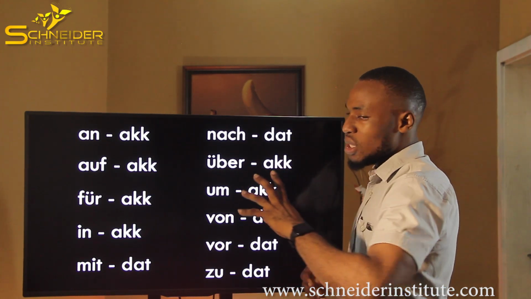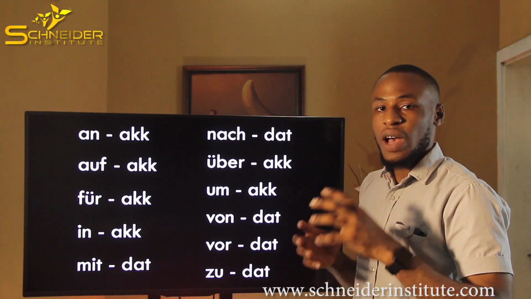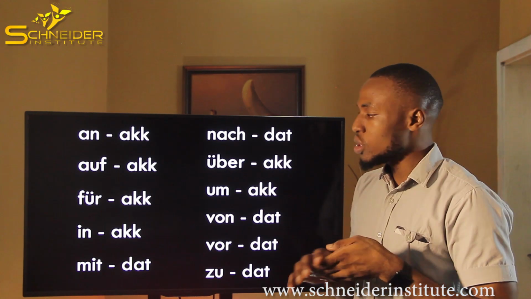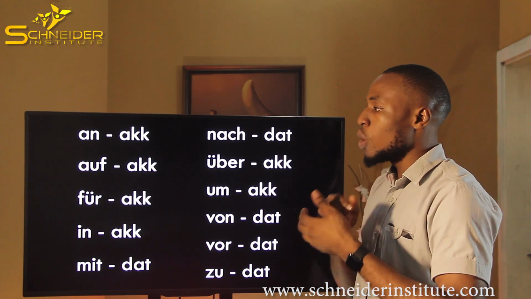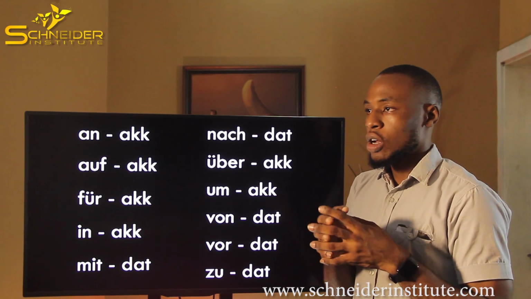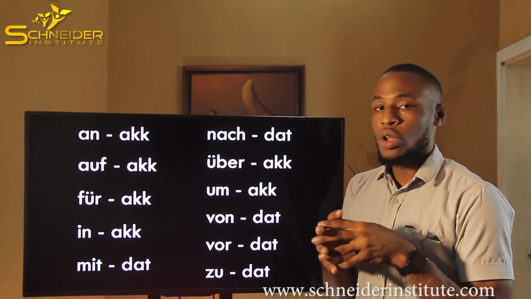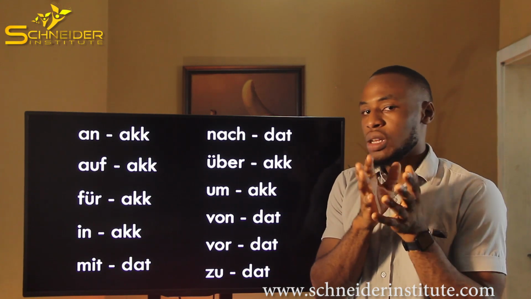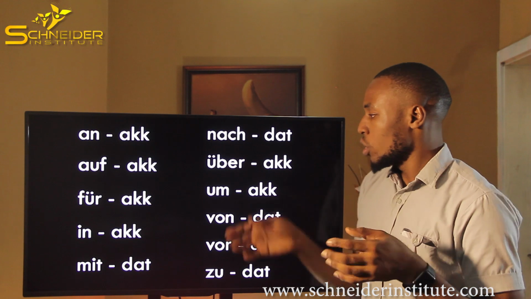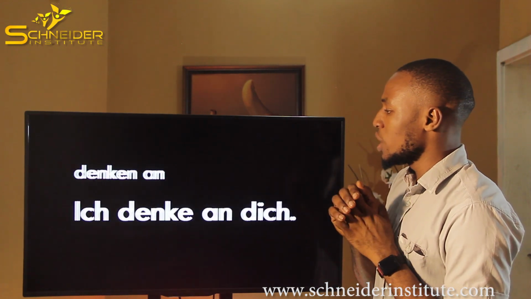Okay, so these here are the accusative and dative prepositions. And these prepositions work with certain verbs in German to give a certain meaning in a German sentence. Obviously, when you're translating them, most times you don't really translate them literally. Okay, so let's look at the next statement we have here.